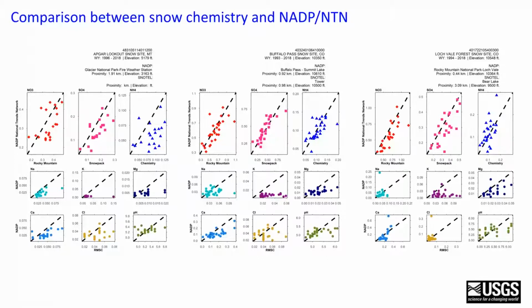From visually inspecting it, I basically pulled these together for a lot of different permutations of sites, so not always the sites that are right next to each other. But when we look at the sites that have a pretty close proximity, less than a few kilometers, as long as there's not a huge elevation range, then they tend to compare fairly well.